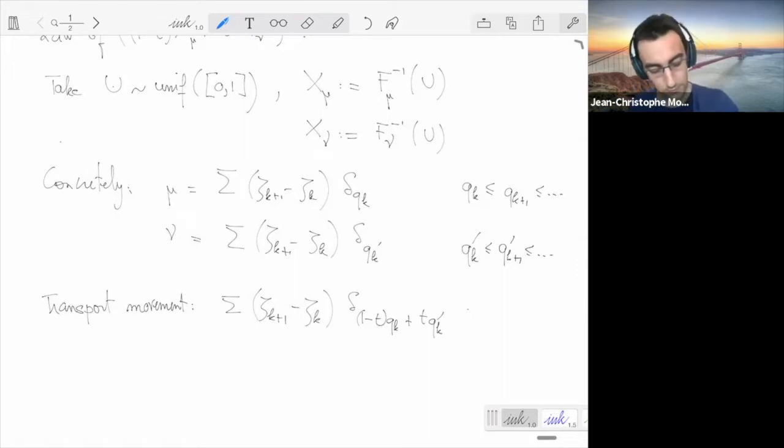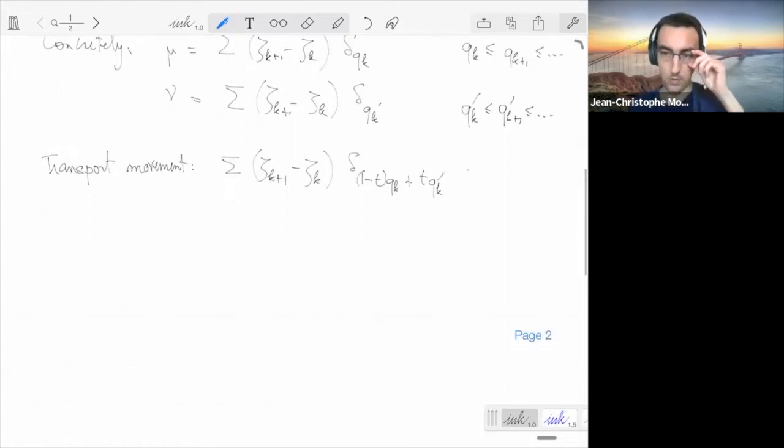Okay, and I say all this just to justify a little bit more this notion of derivative with respect to a measure that we talked about last time.